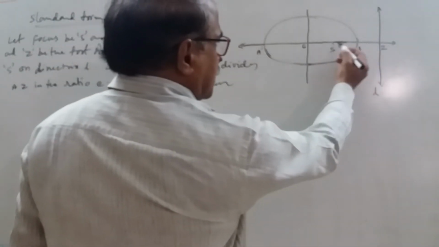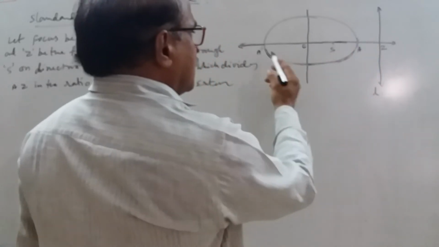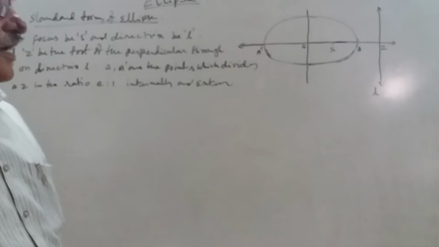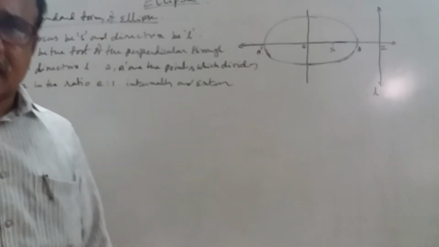Here A is the point which divides SZ internally, and A dash is the point which divides SZ externally.